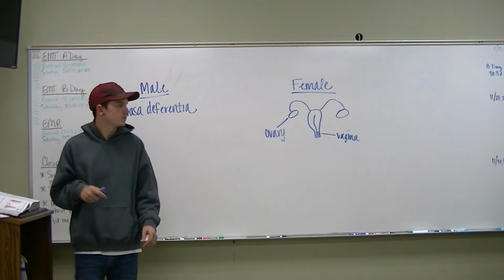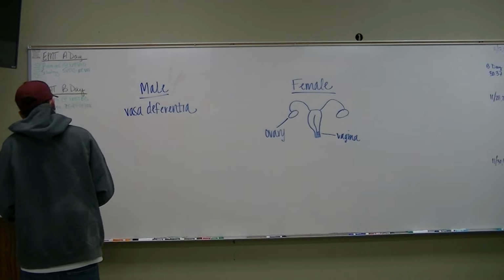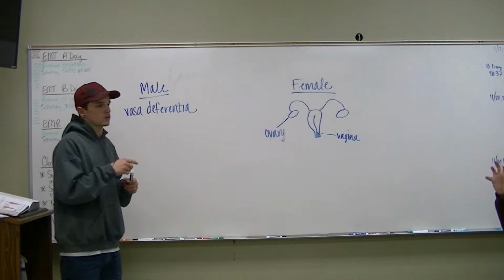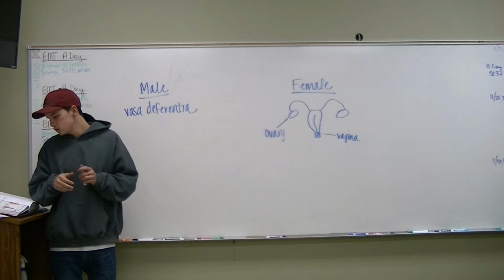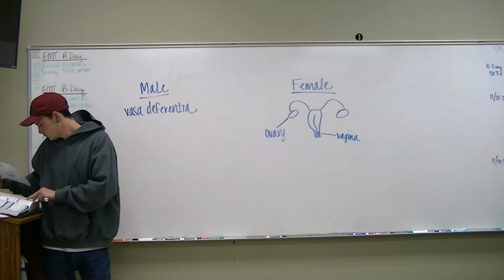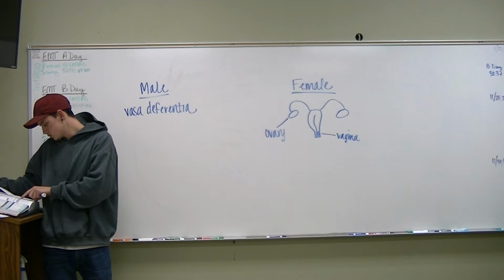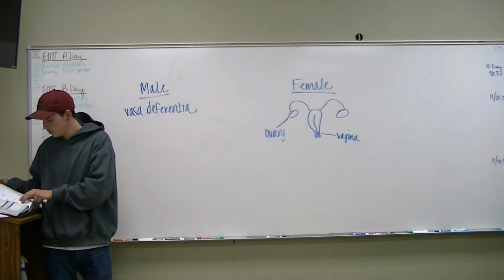Let's finish labeling the structure of the female reproductive anatomy. Okay. So the ovaries are surrounded by that's what's in the ovaries.